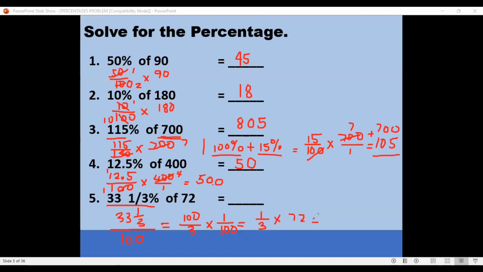So doing this, the answer that you will be getting is simply the 72 divided by 3, which is equal to 24. So that is how we solve for the percentage of a number. Again, you just remember that percentage is equivalent to the rate multiplied by the base. That's the formula.